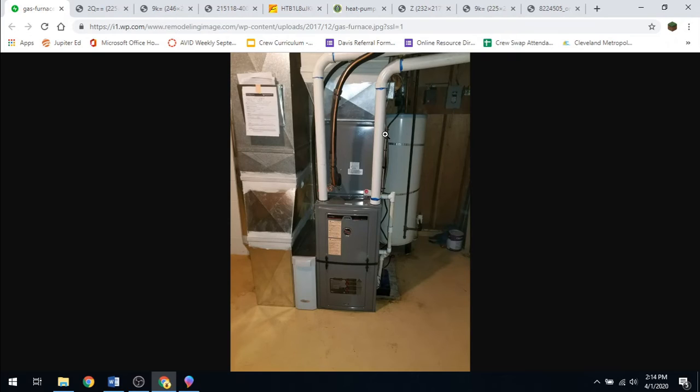I'm kind of oversimplifying it, but a furnace uses natural gas generally to heat the air, and also heat water. This over here would be a water tank. So if you've ever taken a hot shower, that was heated by some sort of heating system.